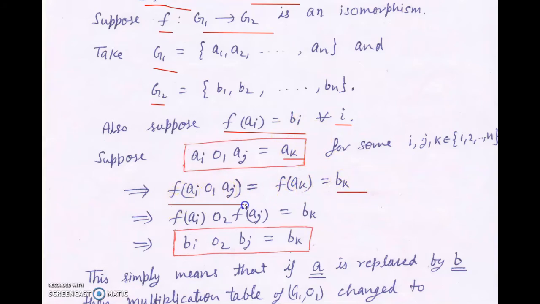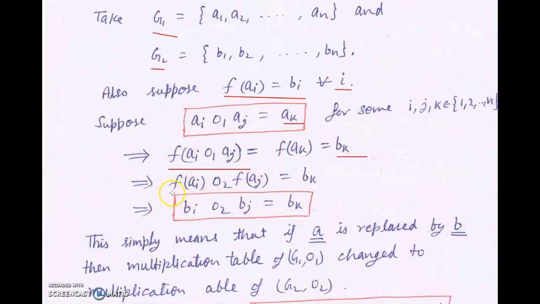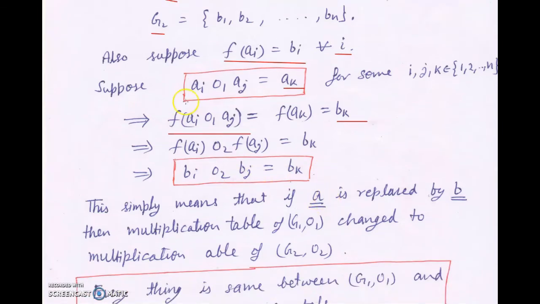Now by the definition of group homomorphism, we can write it as F of Ai O2 F of Aj is equal to Bk, that is, Bi O2 Bj is equal to Bk. It means in the group G1, if Ai O1 Aj is Ak, then in the group G2, Bi O2 Bj is Bk.